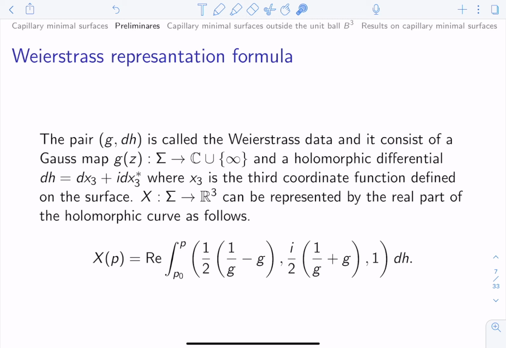So this immersion x can be represented by the real part of a holomorphic curve as follows. Conversely, if a meromorphic function g and the holomorphic differential dh are given like this, then we get a conformal minimal immersion.